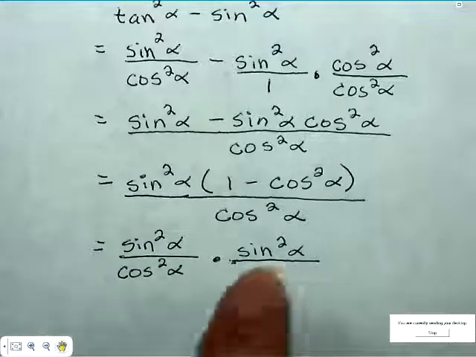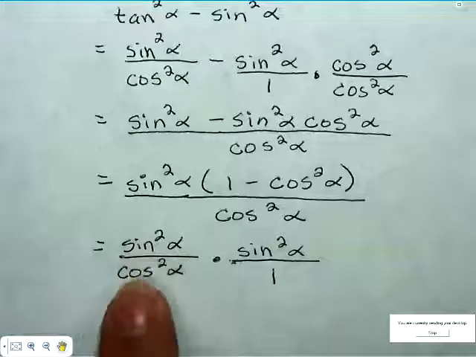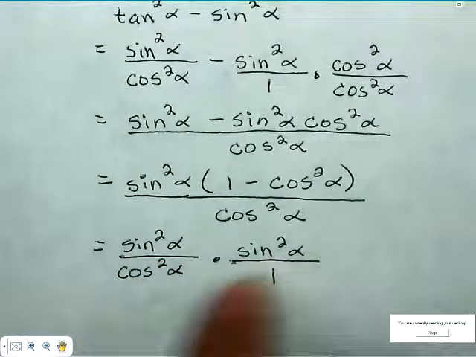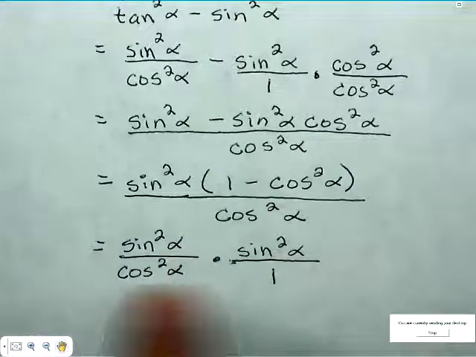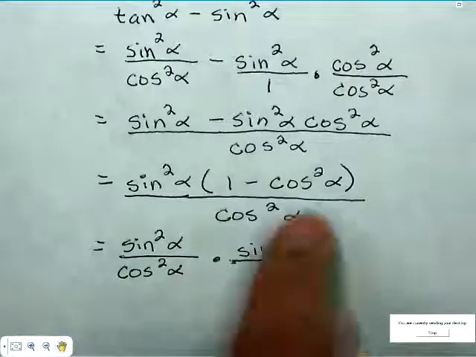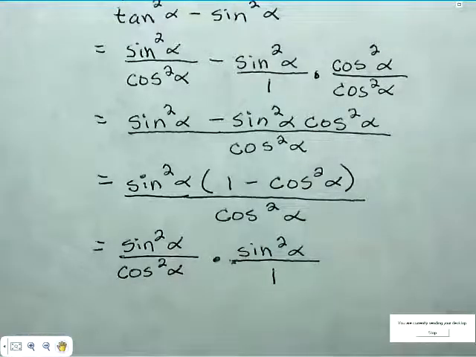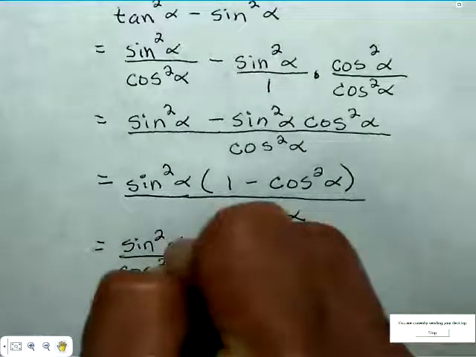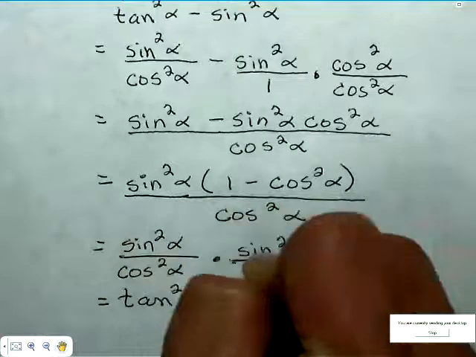If I had written down sine square alpha over cosine square alpha and then sine square alpha over cosine square alpha, I would have immediately checked that and I would have seen that that would give me a cosine fourth in the denominator. Oh, that's wrong, and I would have erased it. So I think this is one time that it's good to be OCD. Make sure every line is equivalent to the line above it. That's actually what we're going for, tangent squared alpha, sine square alpha.